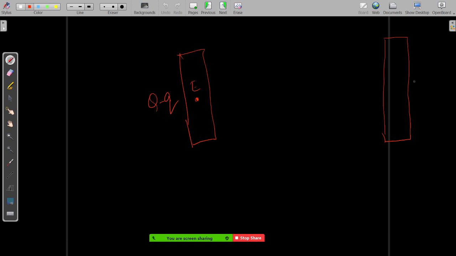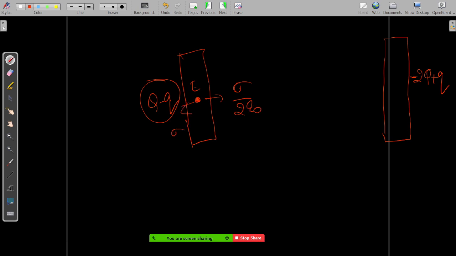So this is minus 2q plus q, this charge on the outer surface. So the electric field at this point, due to this surface charge, is also equal to sigma by 2 epsilon naught, and here also it is.